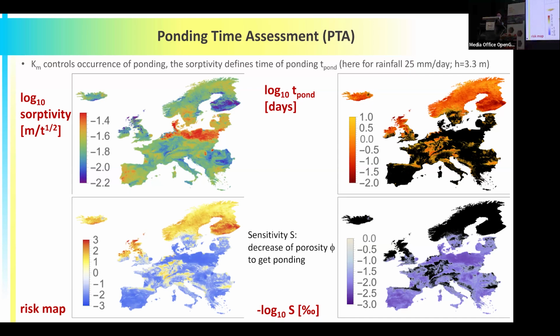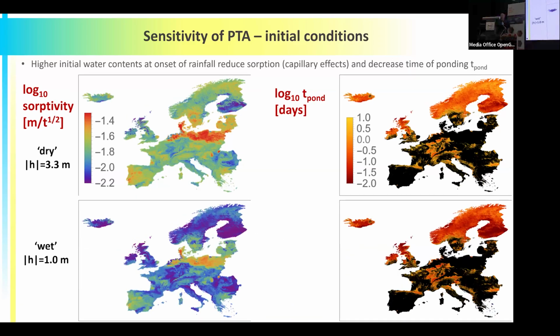Okay, so this is the situation for one case. We have no soil structures, an initial state at field capacity, and a rainfall rate of 25 millimeters per day. What changes when we have a wet initial state? The soil is already quite wet, and now we have this rainfall of 25 millimeters per day. You see that the capillary flow capacity is reduced, so the soil can suck in less water.